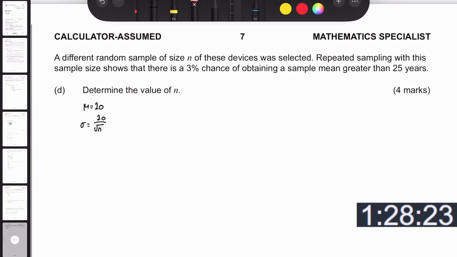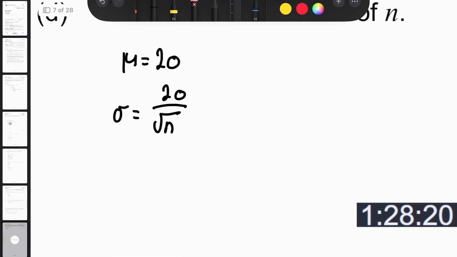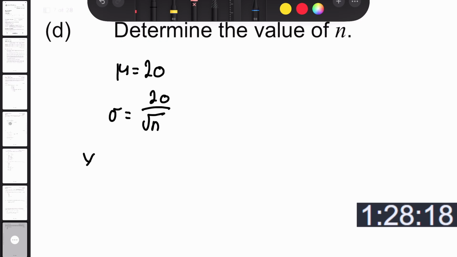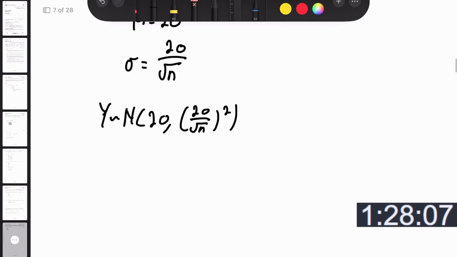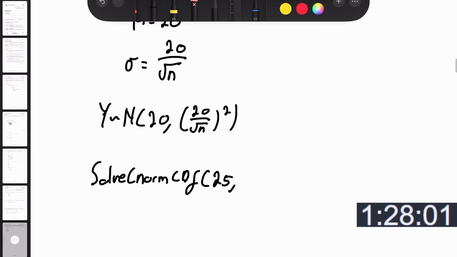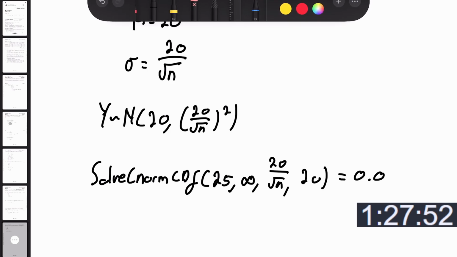Let's say y is approximately a normal distribution of 20, and then 20 on square root of n, squared. And so I want to solve that normal CDF of 25 to infinity, with 20 on square root of n and 20, is going to equal 0.03.